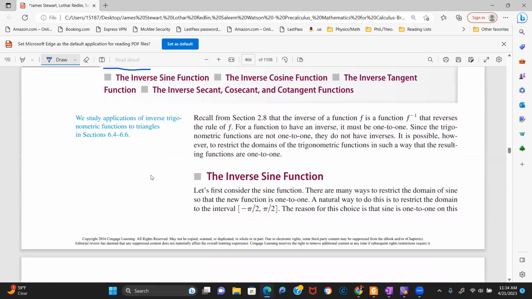So for example, take f to be a function from real numbers to real numbers given by f of x equals x squared. This does not have an inverse, right?